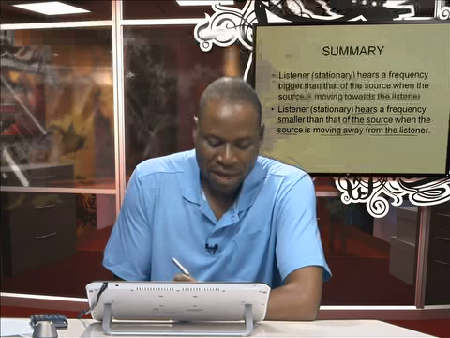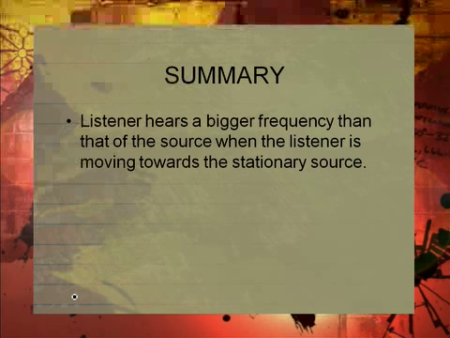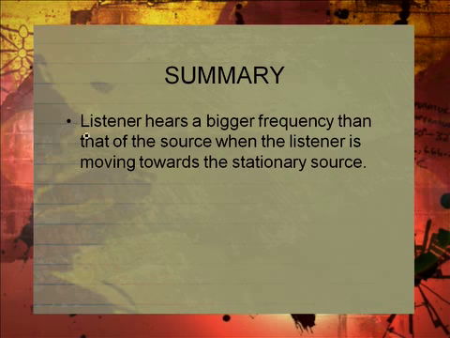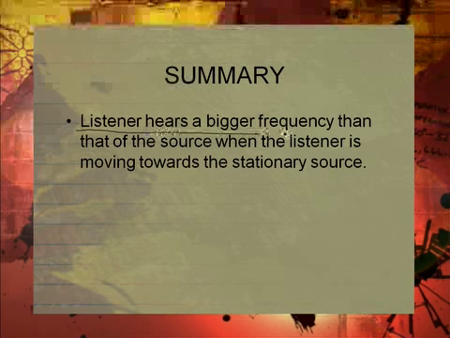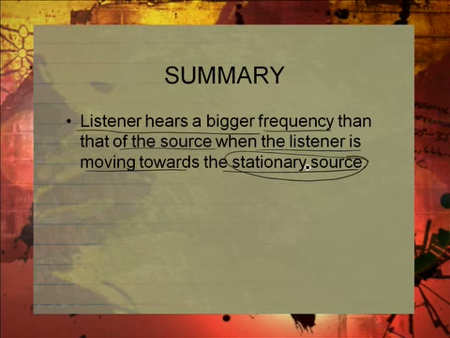All right. Now we're looking at it with the source stationary, trying to summarize everything. Now it is the listener moving. The listener would hear a bigger frequency than that of the source when the listener is moving towards the source, and this time it is the source that is stationary.